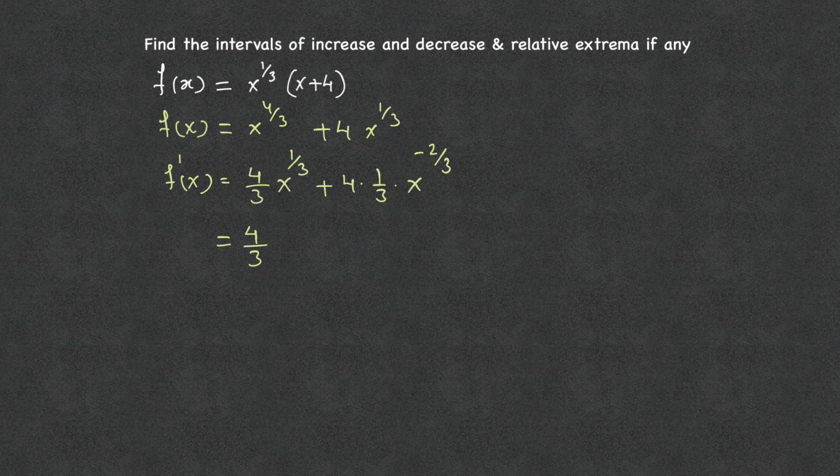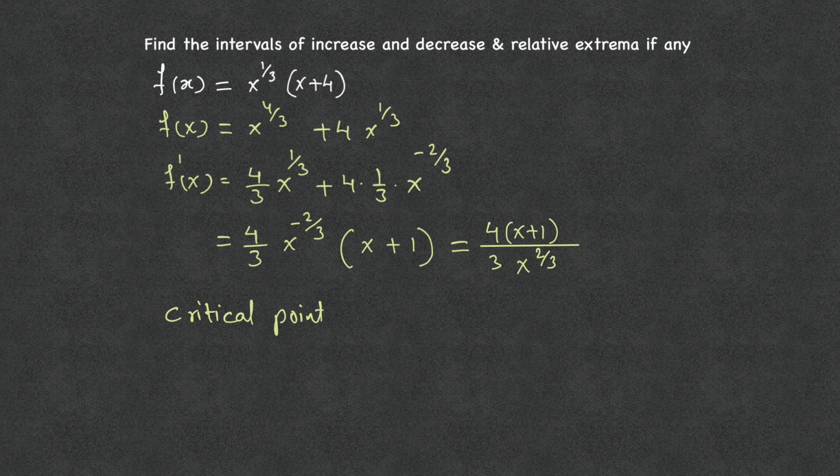Taking a common factor of 4/3 and x to the smallest exponent, which is negative 2/3, we obtain f prime of x equals 4/3 x to the negative 2/3 times x plus 1, which is equal to 4 times x plus 1 divided by 3 times x to the 2/3.